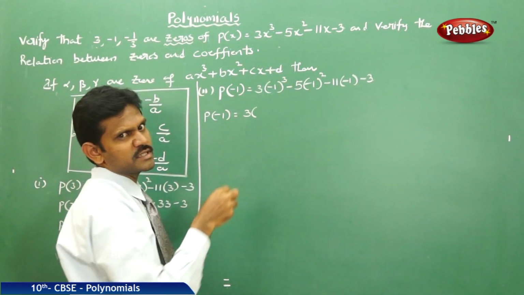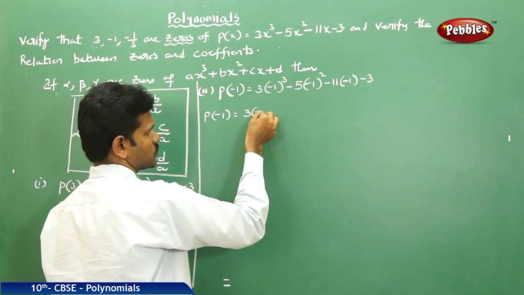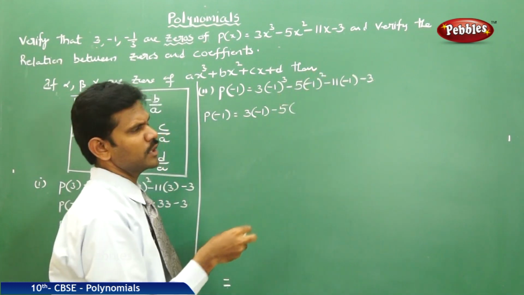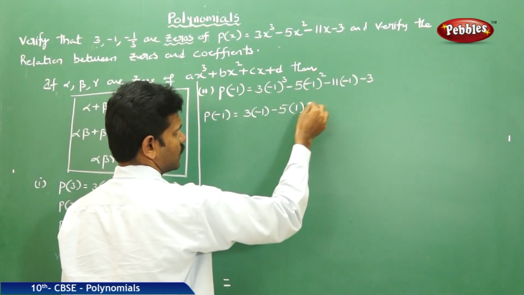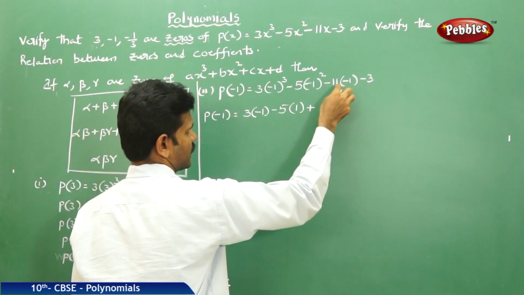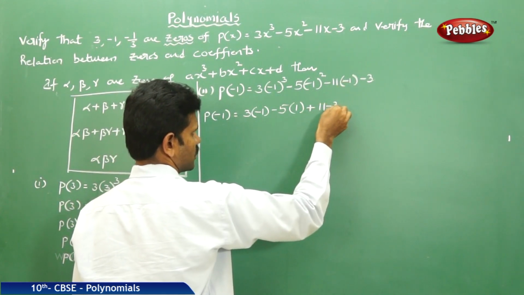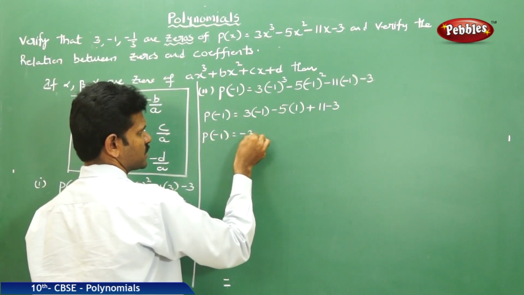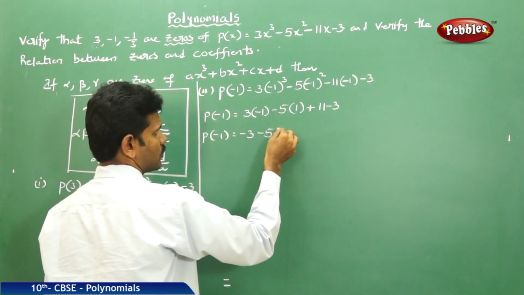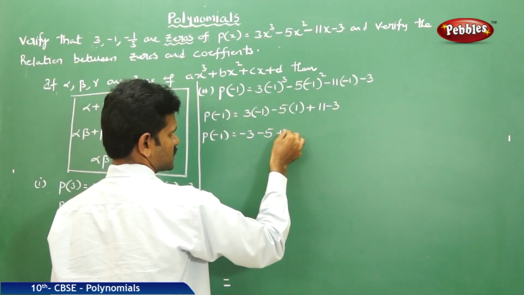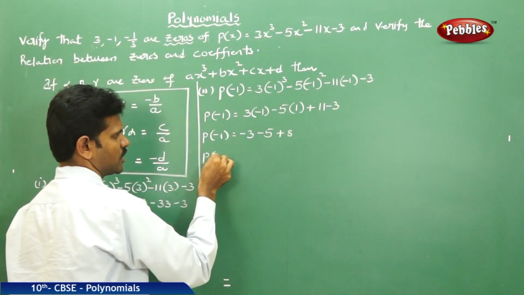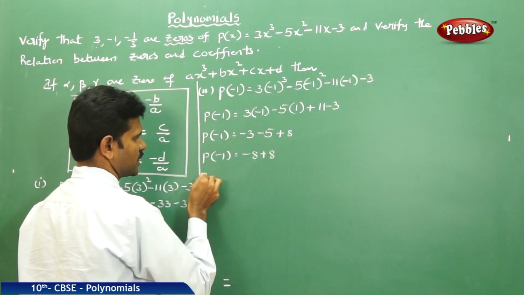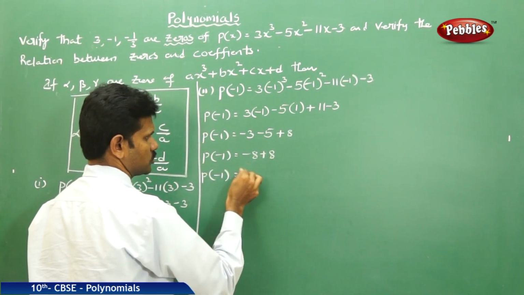Here your exponent is an odd number, that's why it gives you again minus 1. 5 times, your exponent is an even number, therefore it gives you 1. Minus into minus is plus, 11 ones are 11, minus 3. That is p of minus 1 is equal to minus 3 minus 5, plus 11 minus 3, that is minus 8 plus 8. That is p of minus 1 is equal to 0.